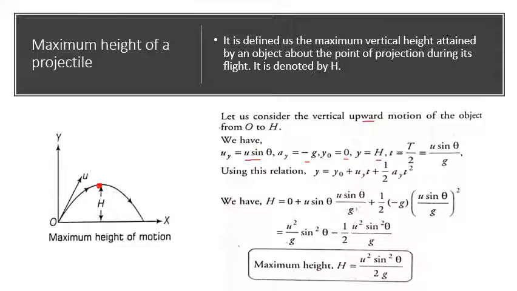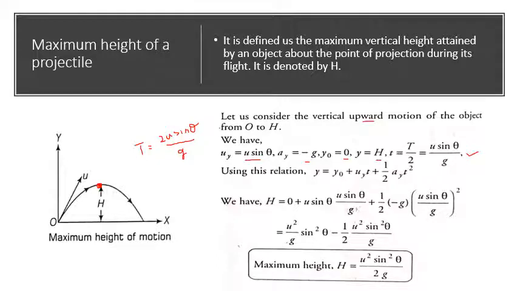What we derived in the previous slide, capital T equal to 2u sine theta divided by g. Then what is t by 2? U sine theta by g. So divided by 2, you will get small t.